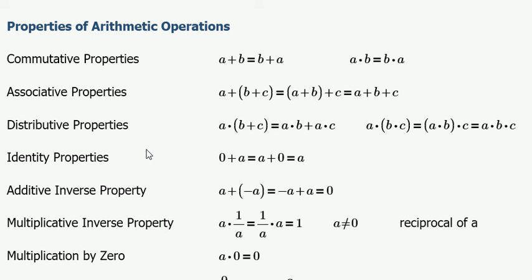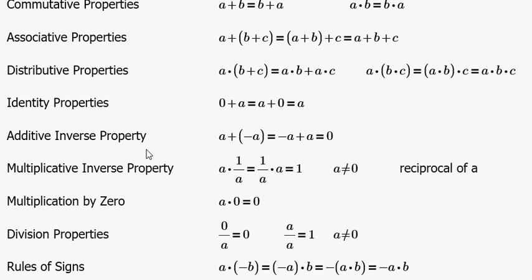Identity properties: 0 plus any real number a equals any real number a plus 0 equals a. Additive inverse property: a plus minus a equals minus a plus a equals 0. Multiplicative inverse property: a times 1 by a is equal to 1 divided by a times a equals 1, if a is not equal to 0.